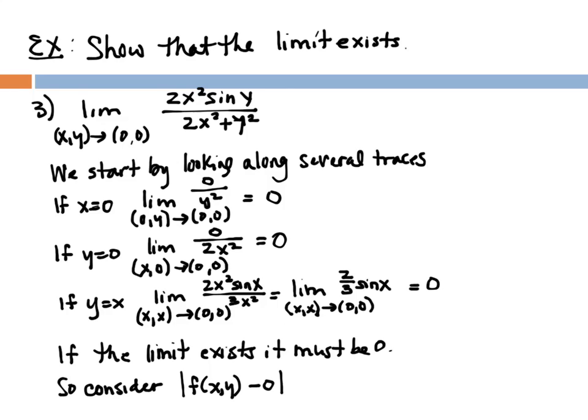And that's what we think it is if it exists, right? All right, so let's write that in. The minus 0 part's uninteresting, but this is the absolute value of 2x squared sine y over 2x squared plus y squared.